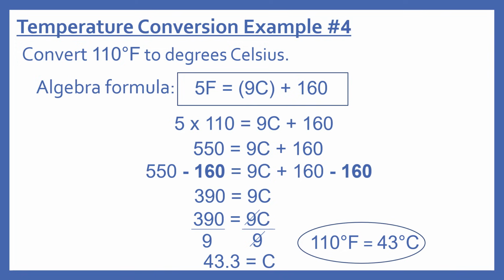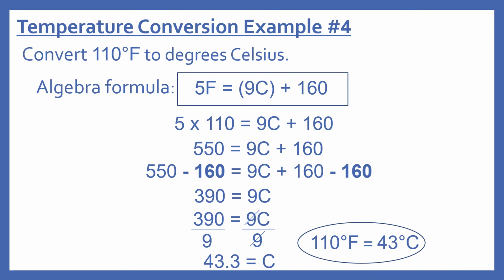And now we'll look at that same example with our algebra formula. Convert 110 degrees Fahrenheit to degrees Celsius. Our algebra formula is 5F equals 9C plus 160. We just plug in our number here. We have our degrees Fahrenheit, and we're going to be solving for C, our degrees Celsius. So 5 times 110 equals 9C plus 160. 5 times 110 is 550, and that leaves us with 550 equals 9C plus 160.